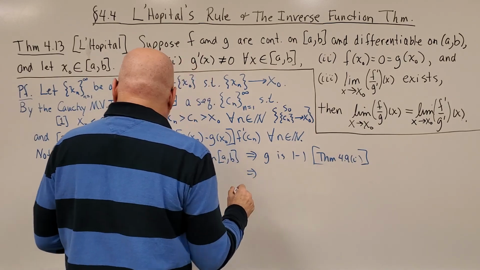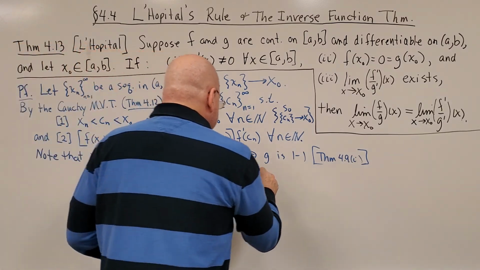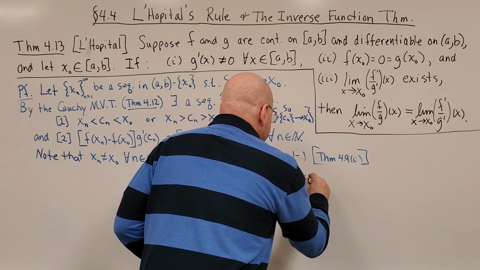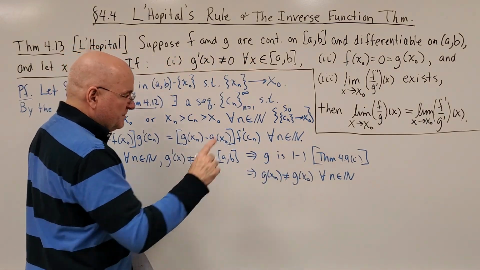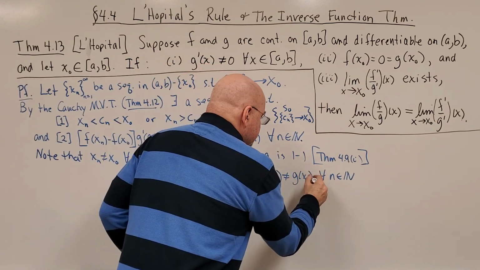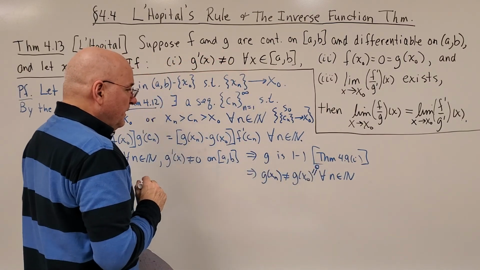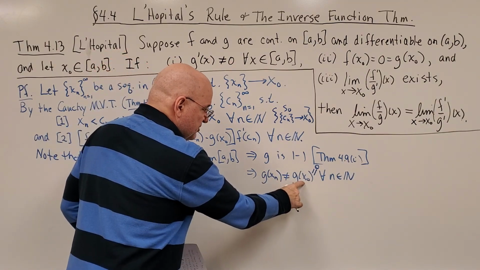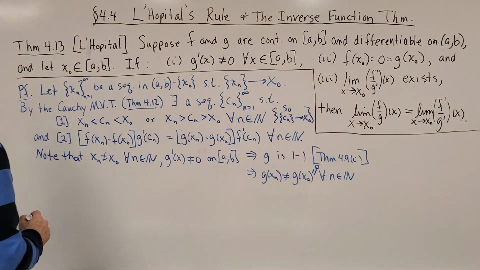That also implies that g of xn is not equal to g of x naught for all n. That just follows from g being one-to-one. Oops, sorry. I just left one little thing out. G of x naught is 0. So g of xn is not equal to 0, because it's not equal to g of x naught, which is 0.